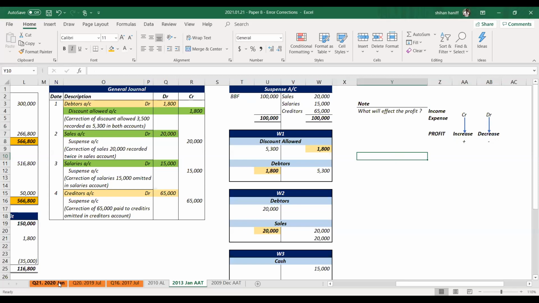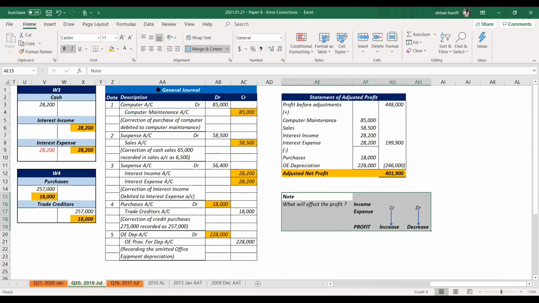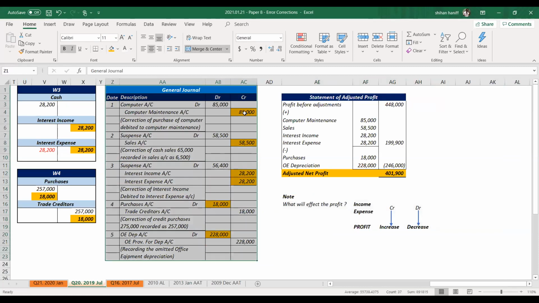If you take some of the previous questions we did, see this question, the general journal. These are the credit balances, either income or expense. So credit items we have to add: 85,000, 58,500. These are added. And debit items, 18,228, will be deducted.